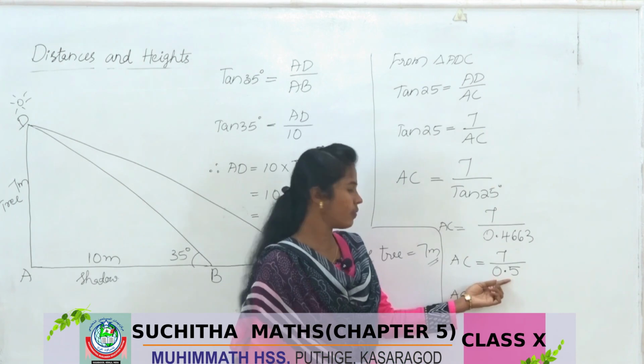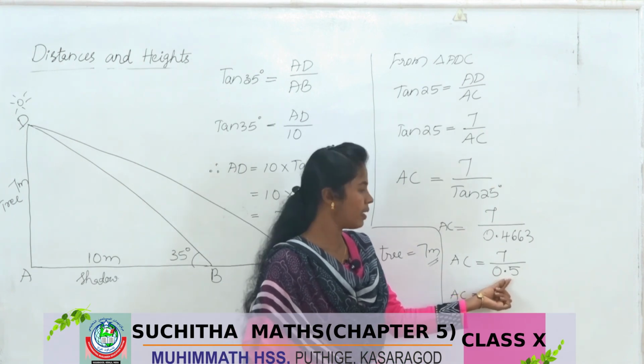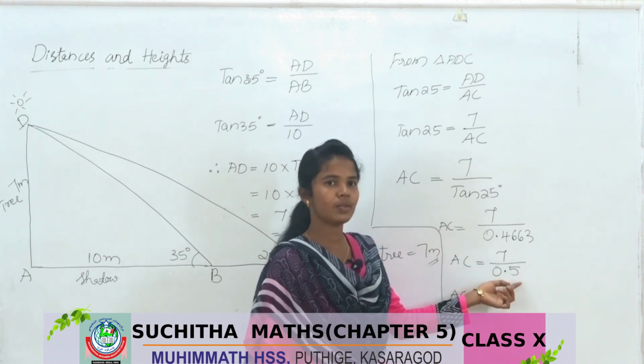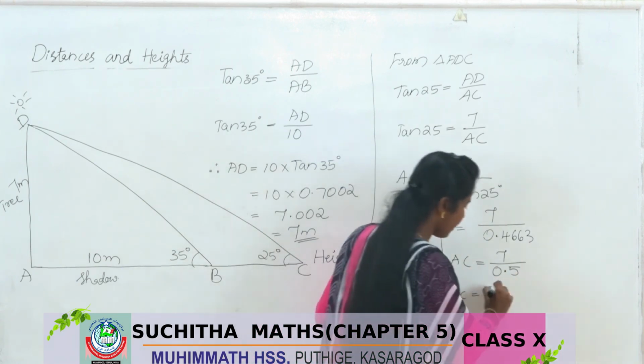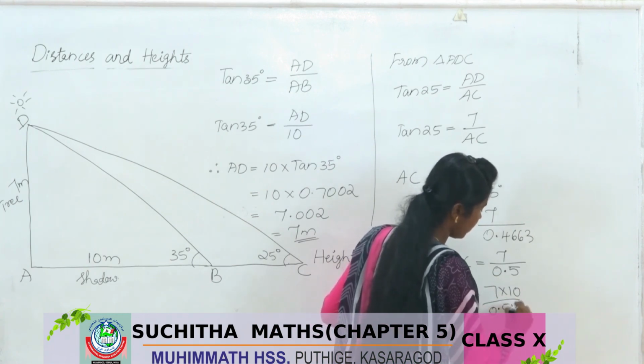Here 0.5 is a decimal number, so to remove the decimal, multiply by 10. Multiply both denominator and numerator by 10. That is 7 into 10 divided by 0.5 into 10.